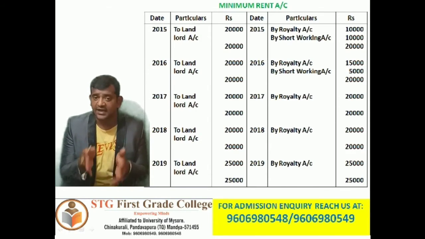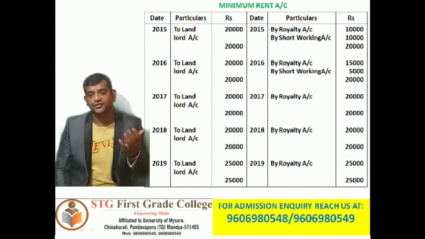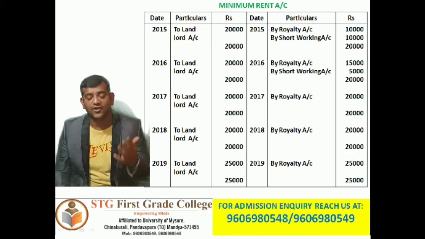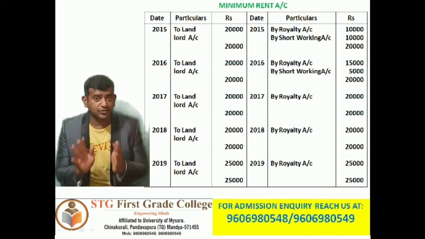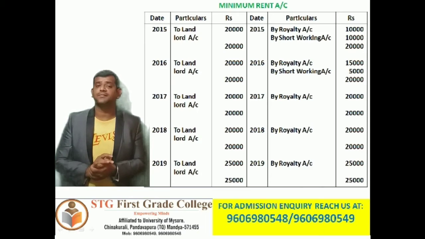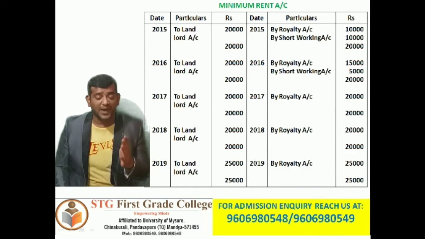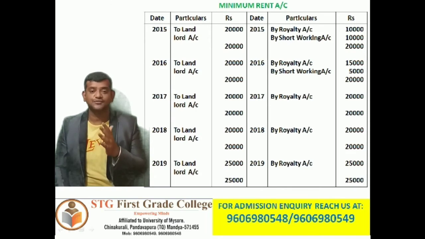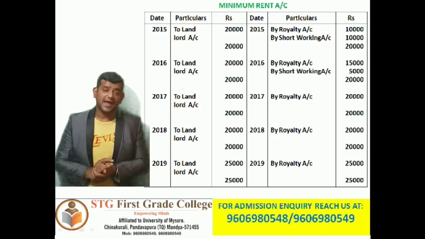Actually, that year our production value was 22,500. Royalty value was 22,500. Out of that, 2,500 rupees has been adjusted towards short working recovered. So the balance left, 20,000, has to be transferred to the minimum rent account. So that is a royalty account.